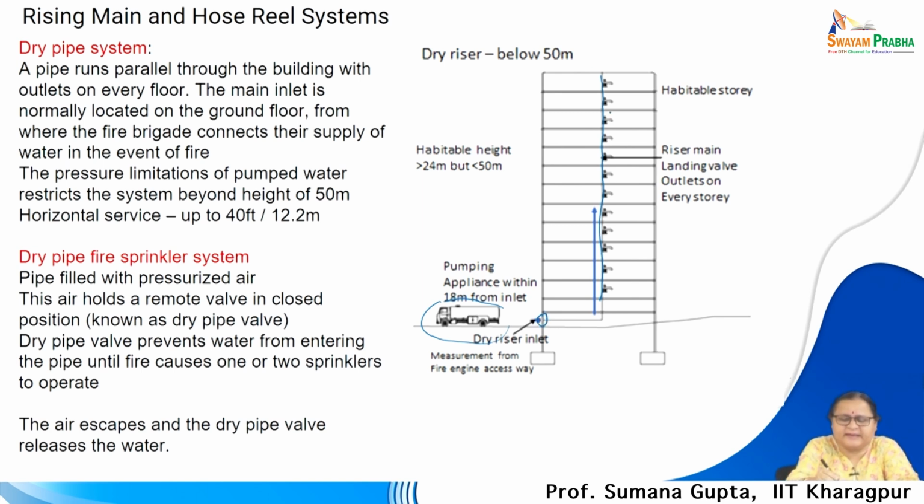This pipe does not have any water throughout when the building is not having a fire, and at every floor there are valves.